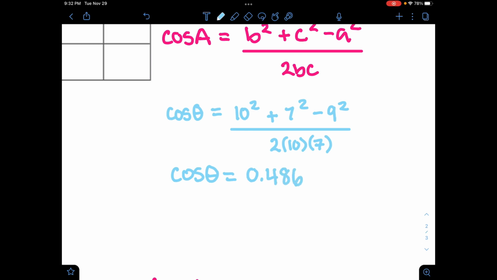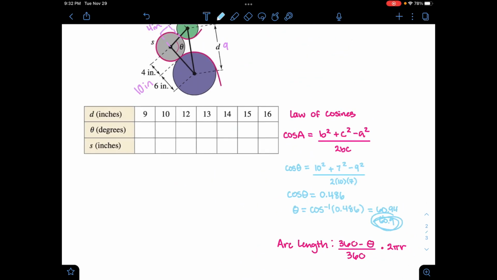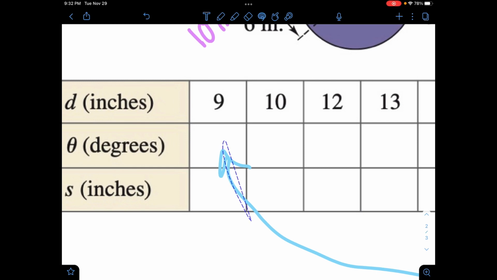So to solve for an angle, we learned in the previous one, we're going to have to use cosine inverse, which is cosine -1. And then you're going to use the same decimal you got, 0.486, which will eventually equal 60.94 or 60.9. So then we're going to plug this number in right up here. So this will be 60.9.